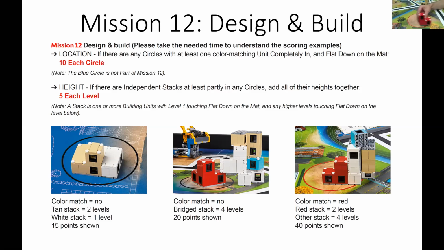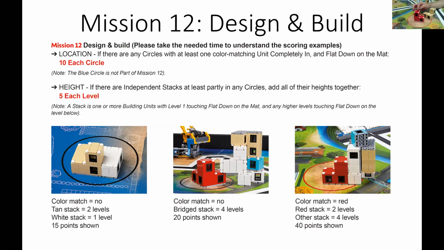And it only has to be partly in. So this I wouldn't get the 10 points for being completely in color matched, but this I would. This stack is 2 units high. Even though it's made of one piece, the level is each of these blocks.